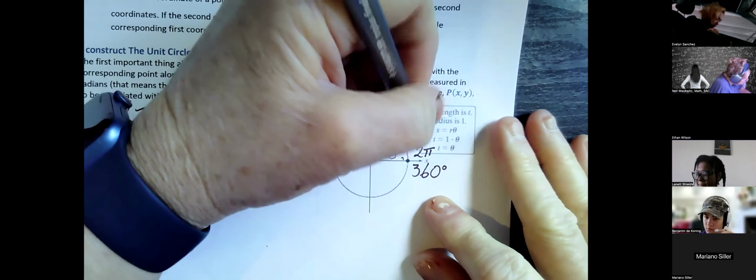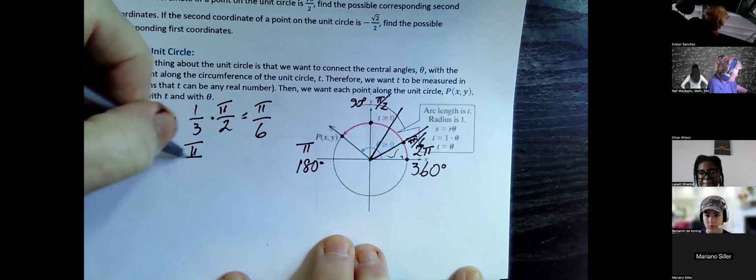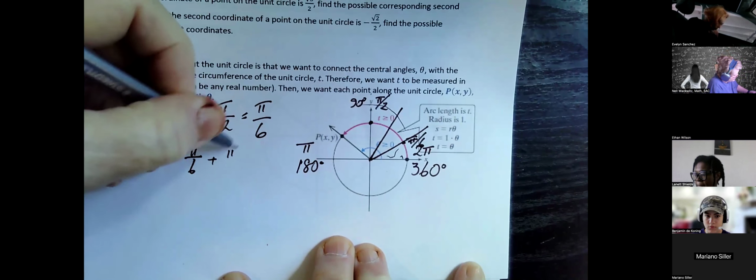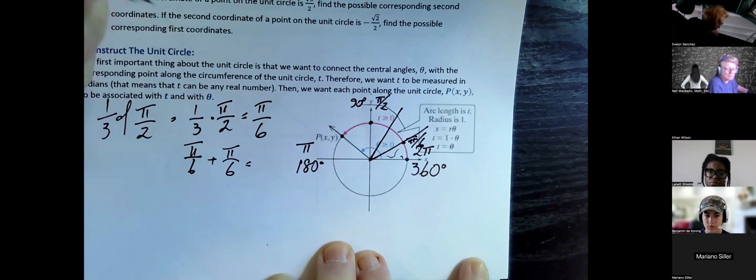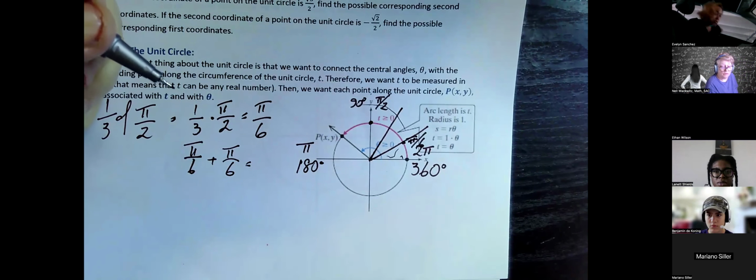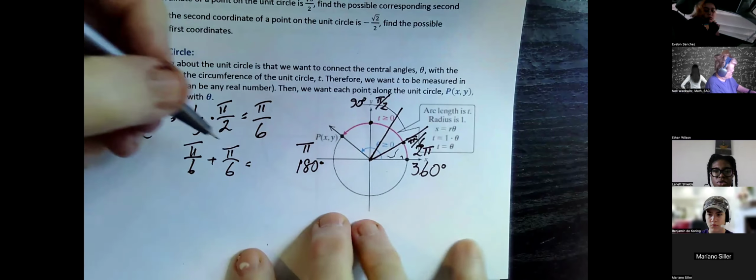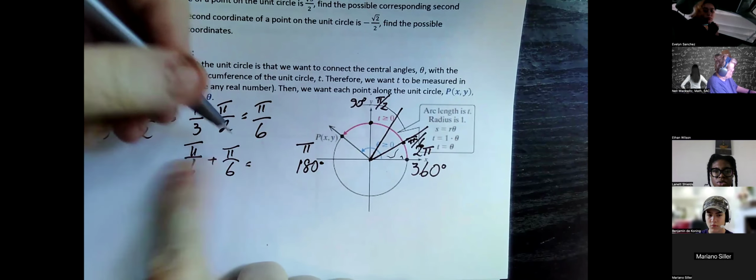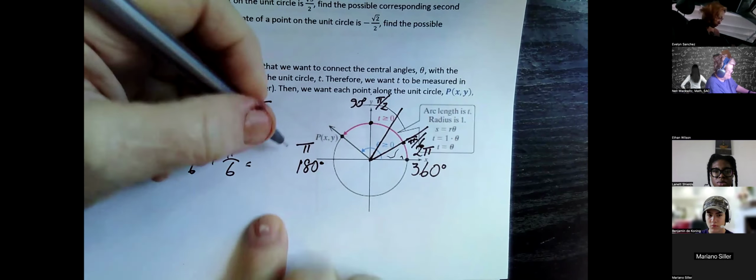Okay, so we get pi over 6 for each of these regions. Well, if the first one is pi over 6, what is pi over 6 plus pi over 6? Pi squared over 6. We're adding, though, not multiplying. So yes, let's do it the long way. We get pi plus pi, so 2 pi.